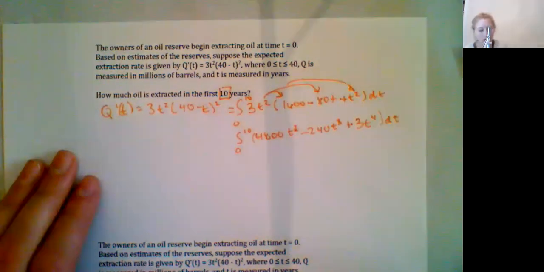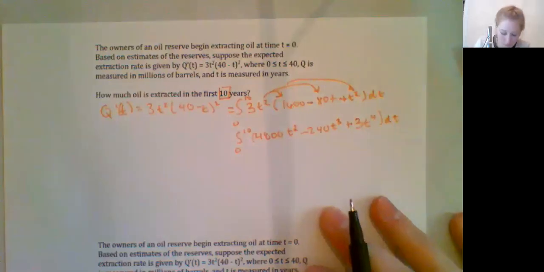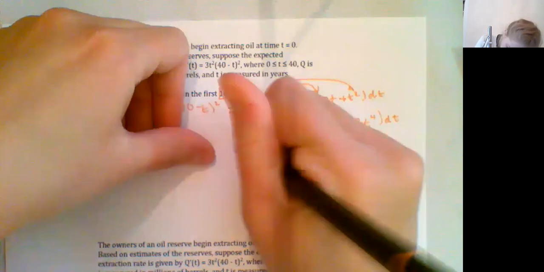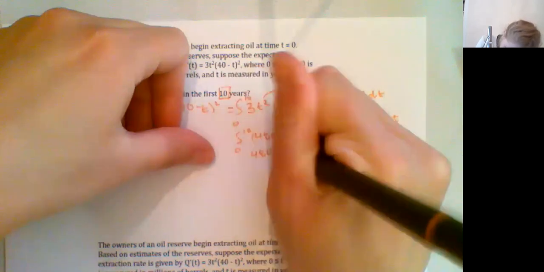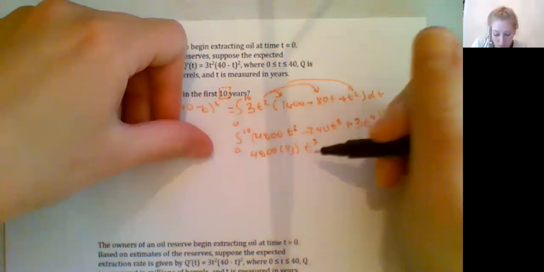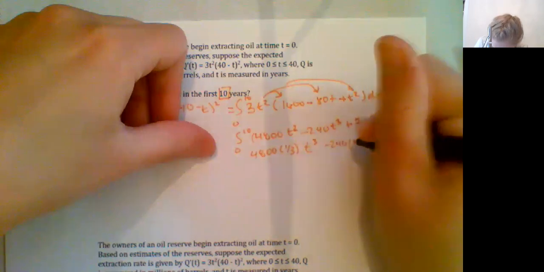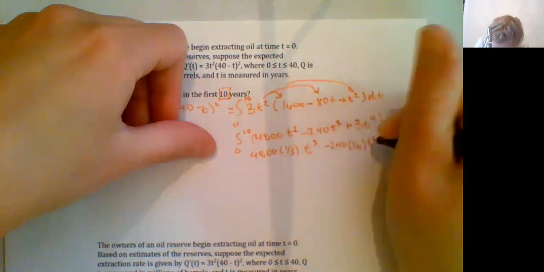All right, so now we can integrate. I'm going to end up with 4,800 t times 1/3 t to the third minus 240 times 1/4 t to the fourth.